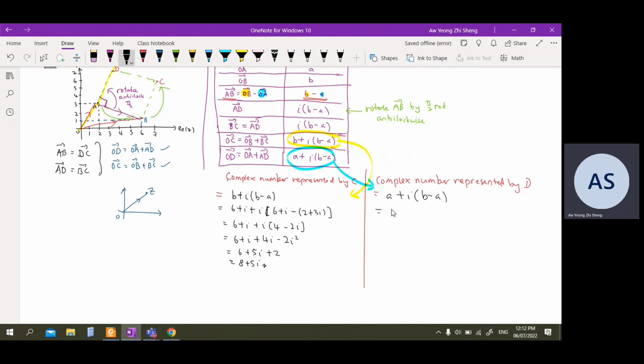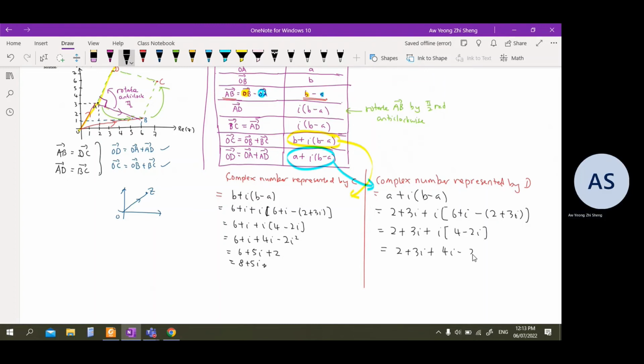I sub in my a as 2 plus 3i. b is 6 plus i, a is 2 plus 3i. And then just expand my i into the bracket. I have a 7i in the middle here, minus 2i squared becomes a plus 2. Then that's 4 plus 7i.